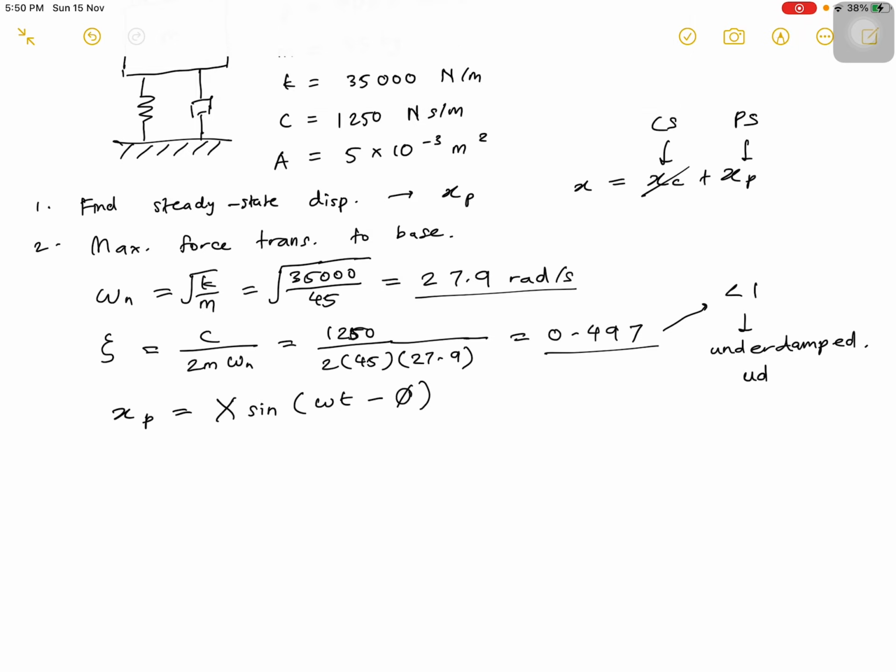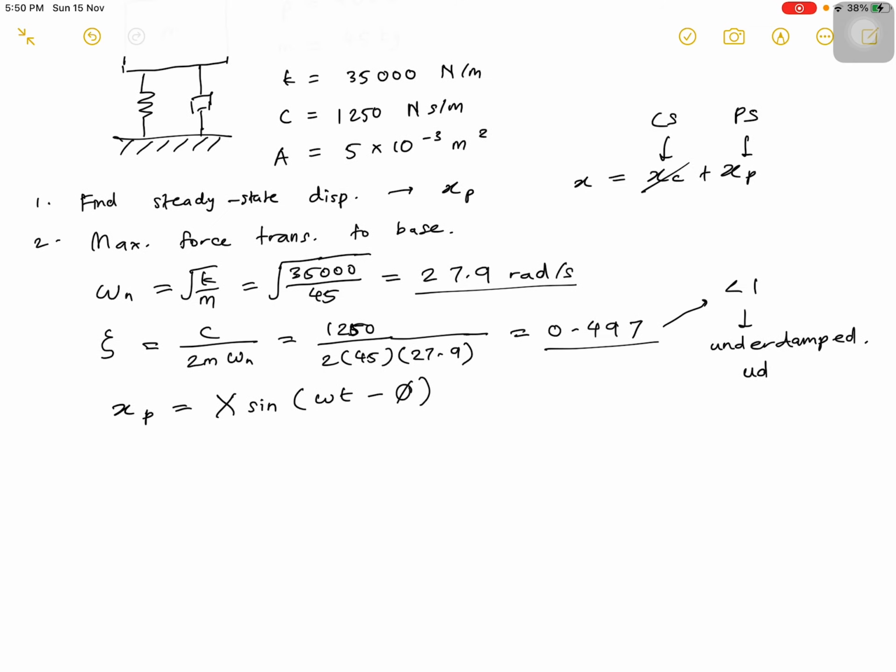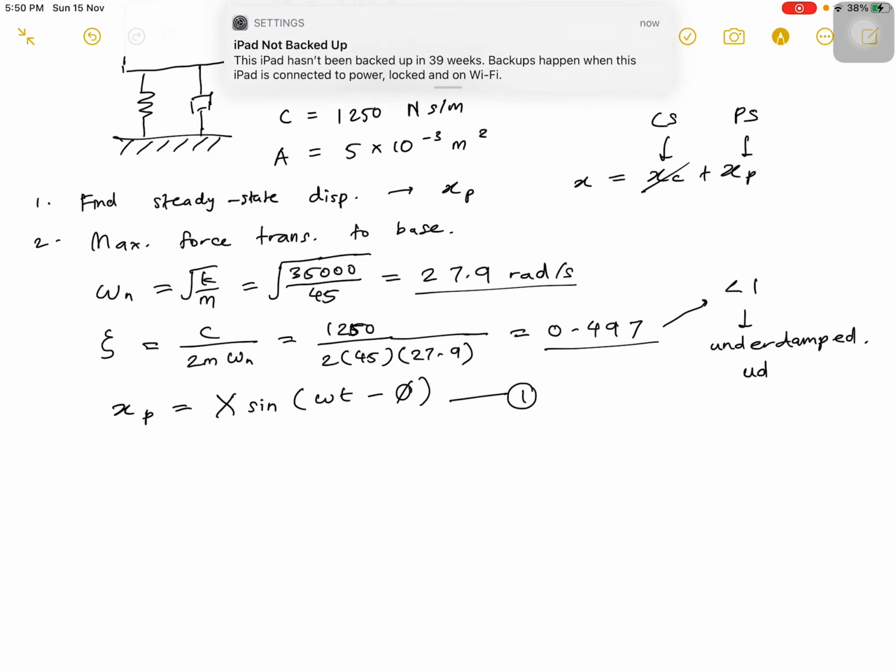Alright. So this is the equation for the steady state, the particular solution. Alright, so I can denote this as 1.